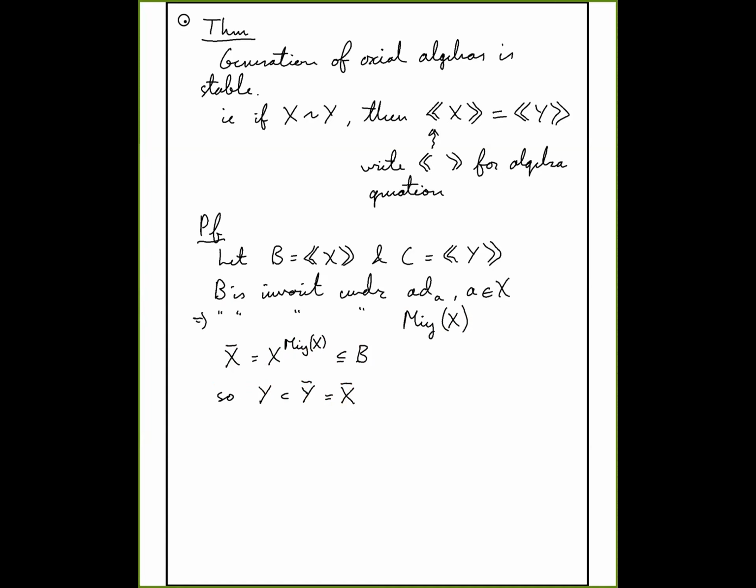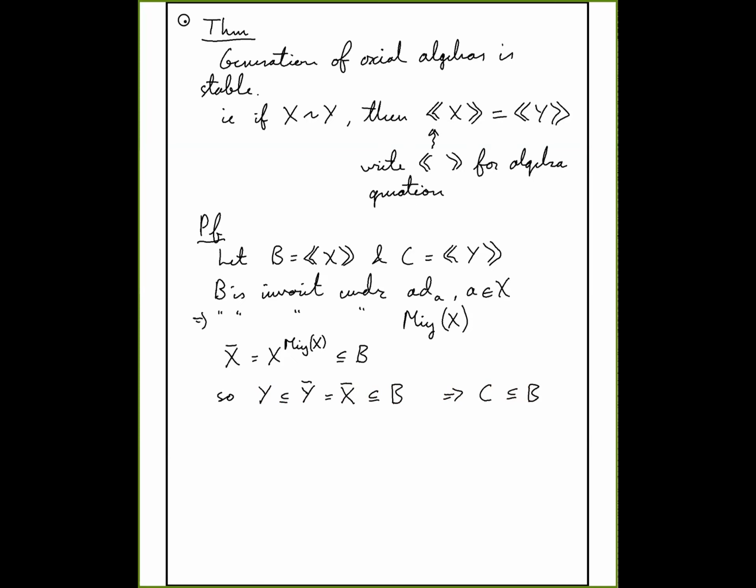That means they have the same closure, and this is contained in B. Well, then whatever is generated by Y must be contained in B, because B is an algebra. So that means C must be contained in B.